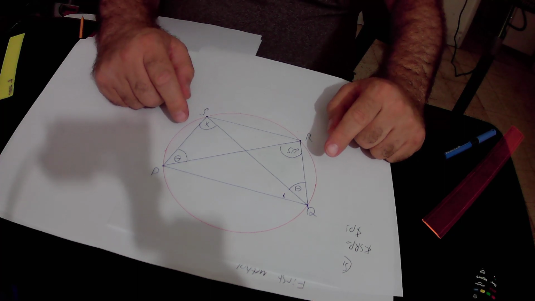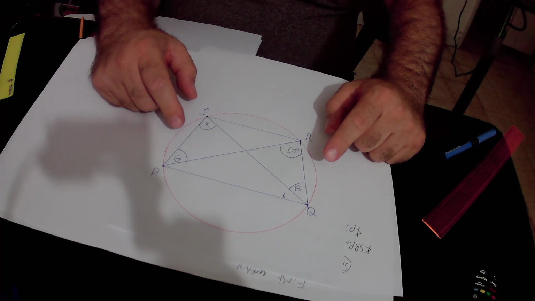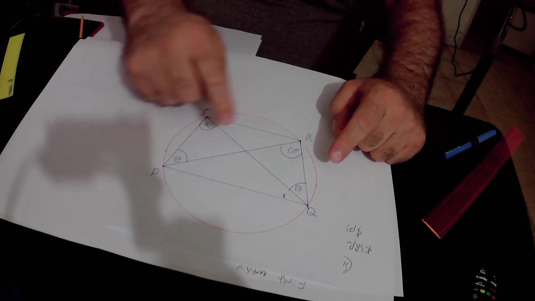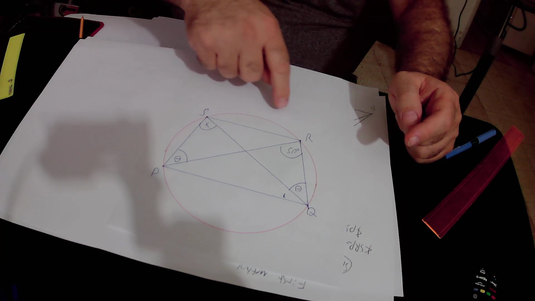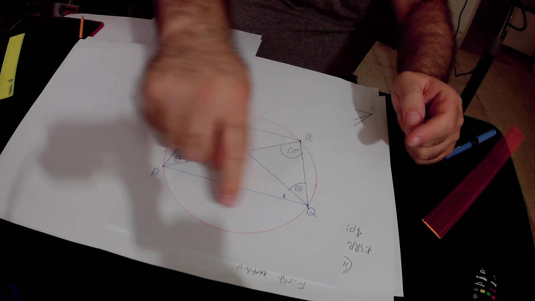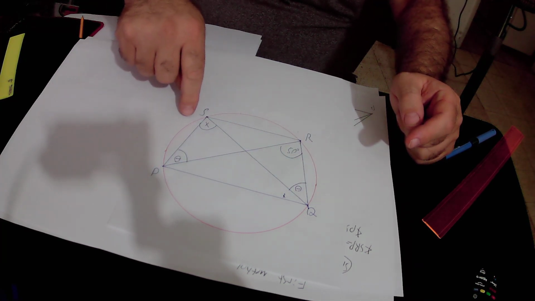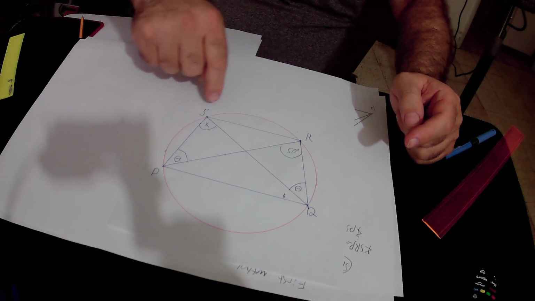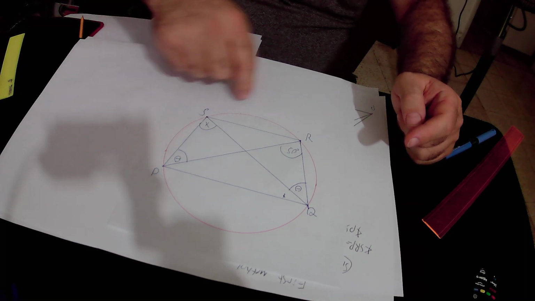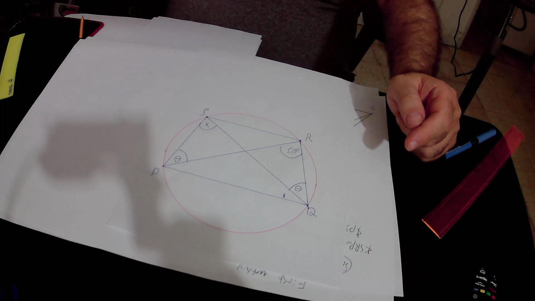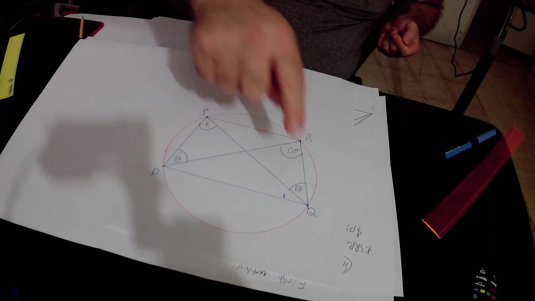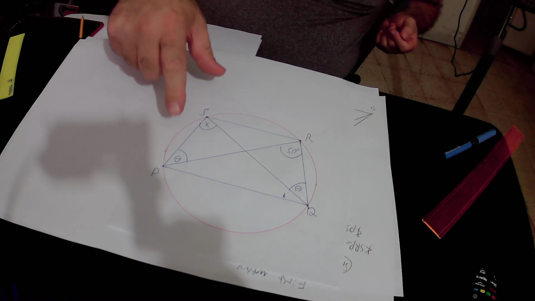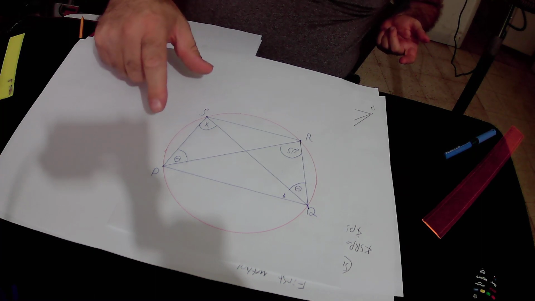Therefore, the quadrilateral SRPQ is inscribed by a circle. As you can see, the quadrilateral SRPQ is inscribed by the red circle, and the 4 points S, R, P and Q lie on the red circle.